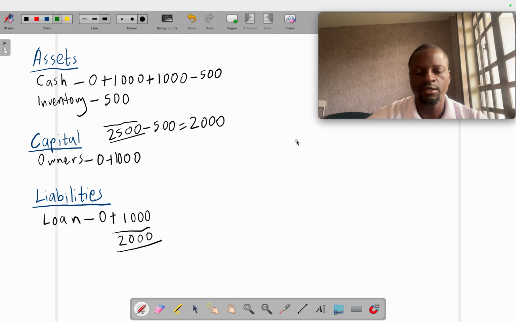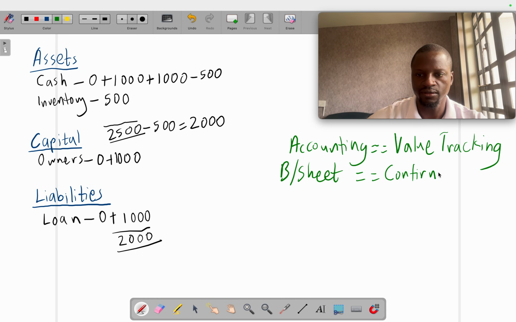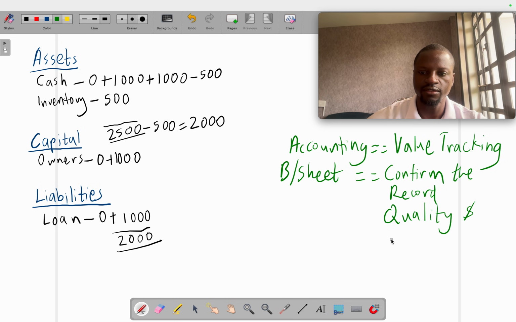In this case, if accounting is basically value tracking, then a balance sheet confirms the record quality and completeness.